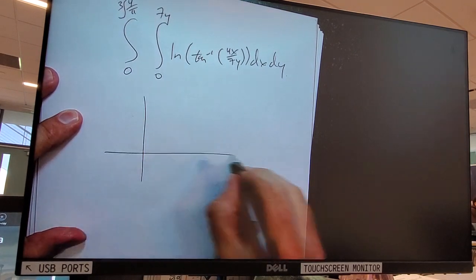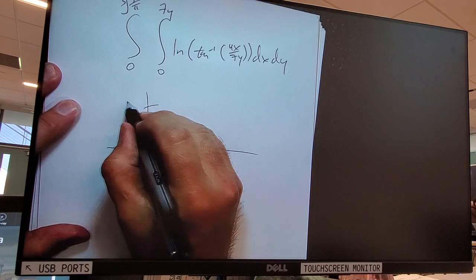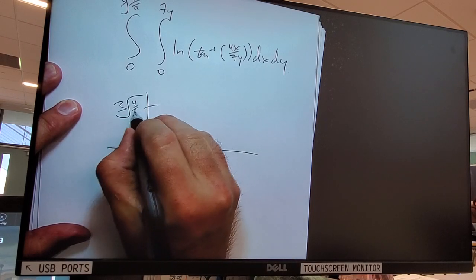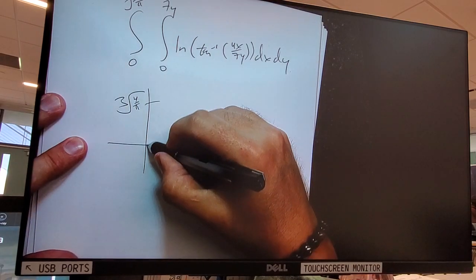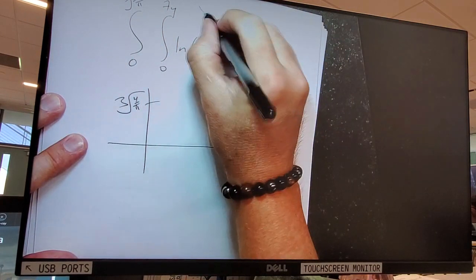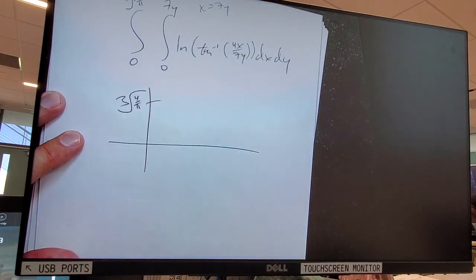So I can immediately just do this. Cool. As Y does that, what is X doing? Yeah, so the next thing people did was you drew a line like this. Does X equal 7Y have a big slope?